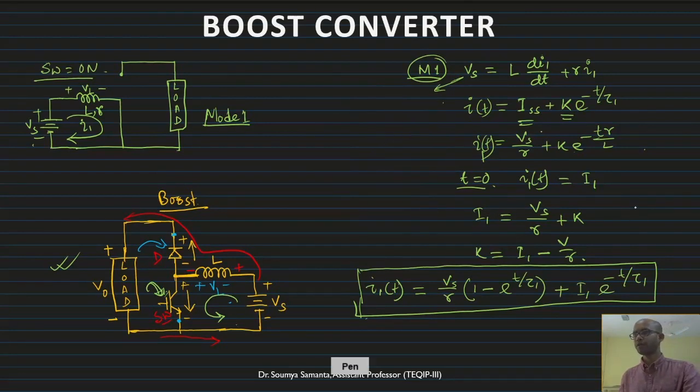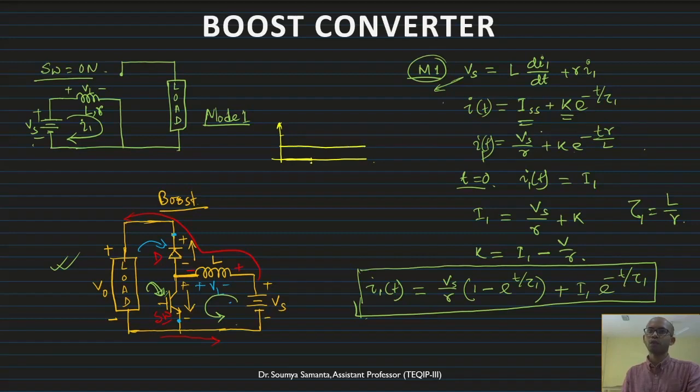This is the tau 1 equals to L by R. What I have considered, this is the on time. What is the voltage at the on time? Output voltage is 0. This is, say, the input voltage, and the output voltage is 0.